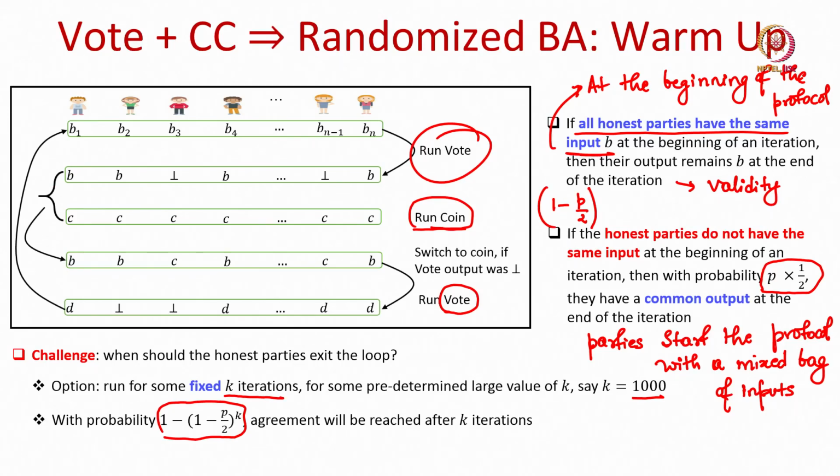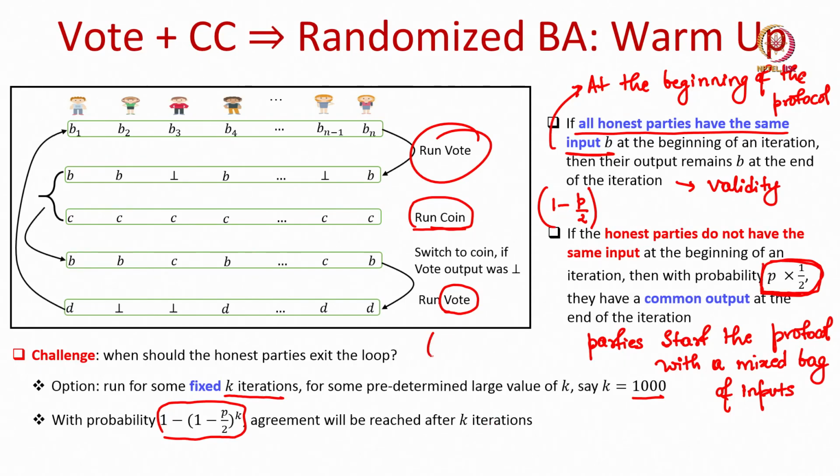So, everything boils down to the analysis of what is the probability that none of the k iterations help the parties to ensure that they have an iteration where all the honest parties have the same input. Now, the probability that all the honest parties have the same output at the end of a single iteration is p over 2. So, the probability that they do not have the same output at the end of an iteration is 1 minus p over 2.